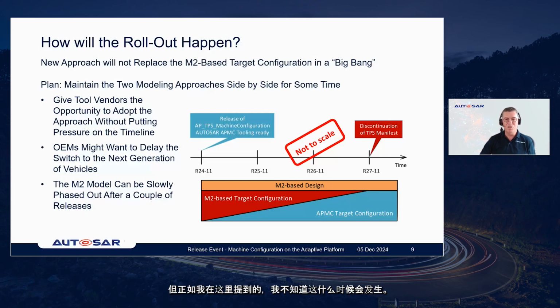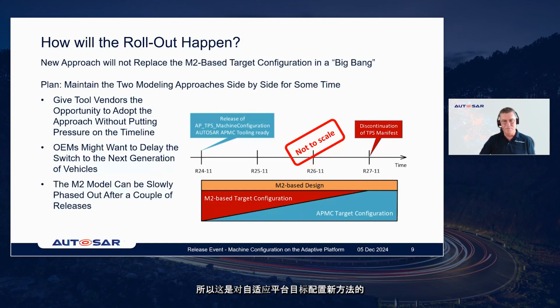But as I mentioned here, I have no idea when this will happen. So it can be 26.11, 25.11 is certainly not realistic, or 27 or 28, I don't know. But at some point we will reach this milestone, and then the described switch can happen.